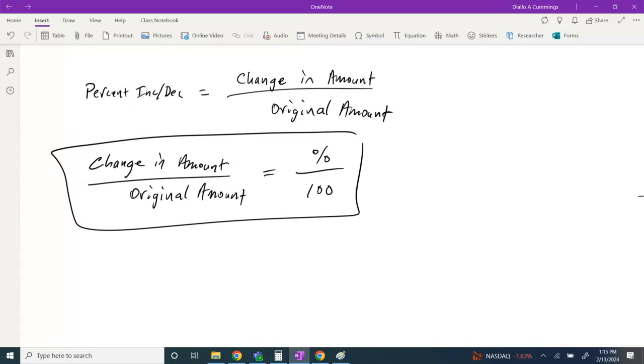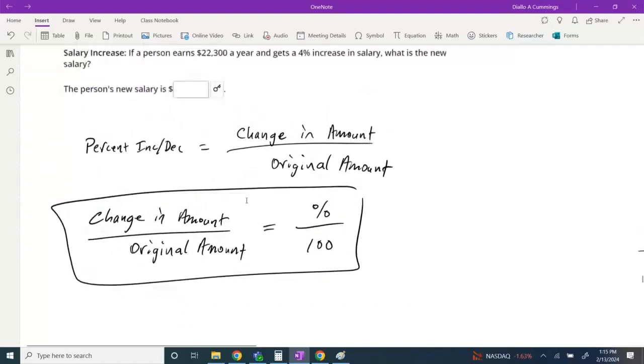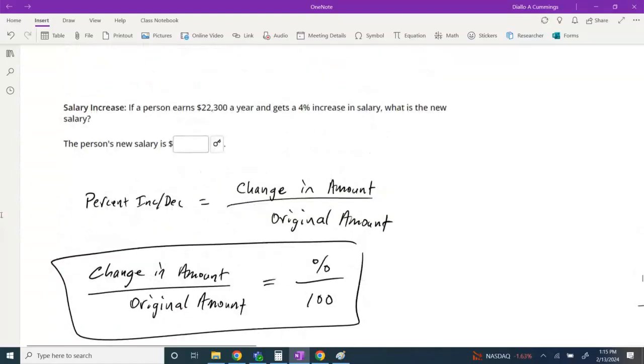So it looks similar to that percent equation where we had is over of is equal to percent over 100. And we use the cross product property to solve it. We can actually utilize that same cross product property. And this is somewhat a modified percent equation. So we want to know what is the person's salary.